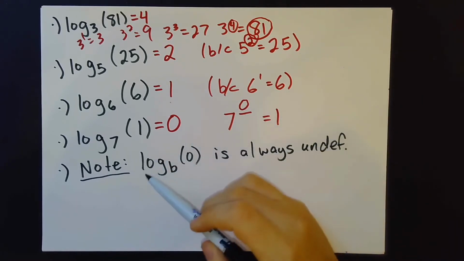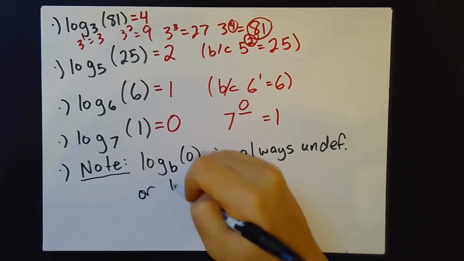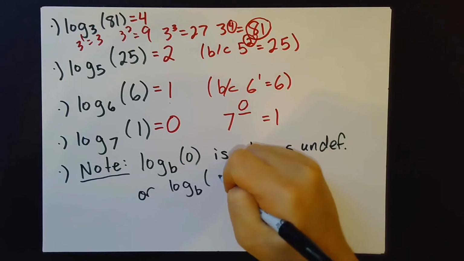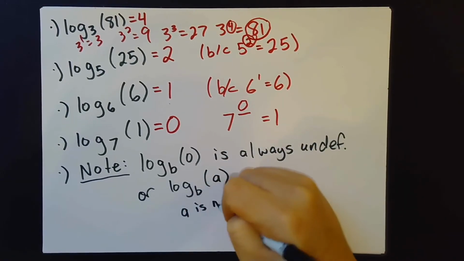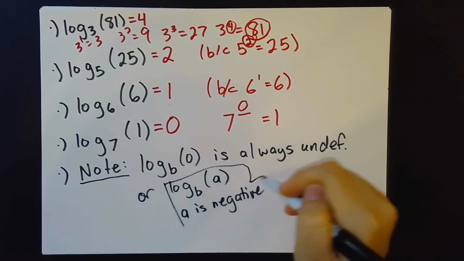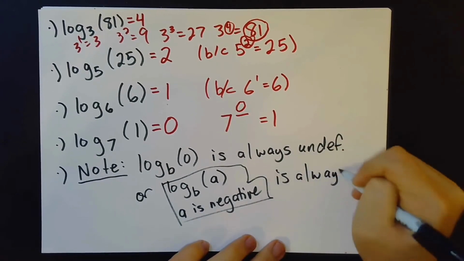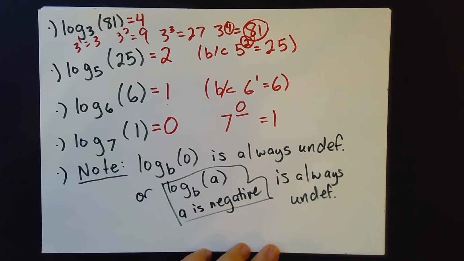And so if you try and take log base b of 0 or log base b of some number a, where a is negative, that will also be undefined. So be wary of these.